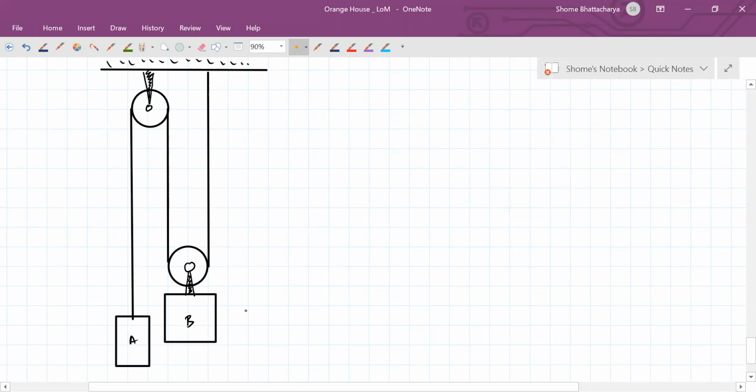Now after some time, suppose what happens here is that after a certain amount of time, B goes up. So B goes up by a certain displacement SB, and now reaches this position.